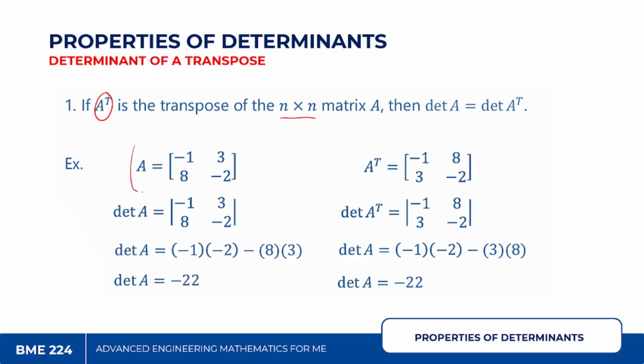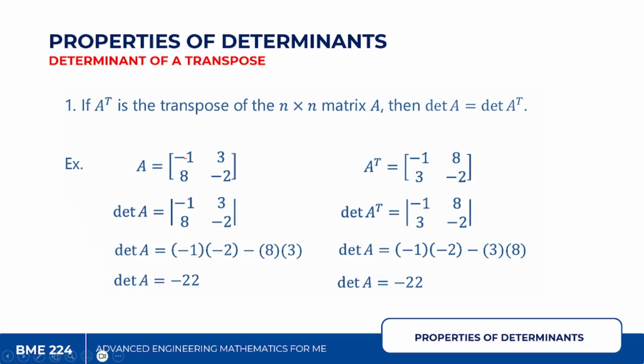For example, you have this matrix A, no? Then if we get its transpose, the column becomes the row, and the row becomes the column. So if you evaluate each individual determinant, they are just equal, because that is according to the determinant of a transpose.